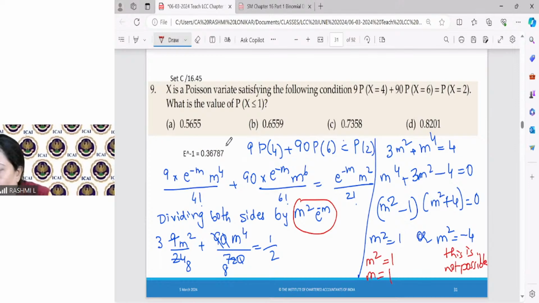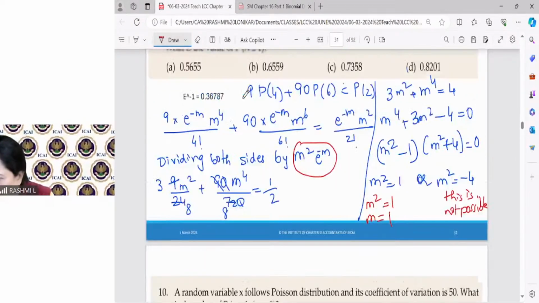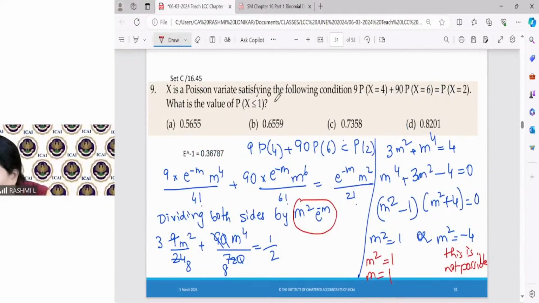Okay. So, what is the value of P(X less than or equal to 1)? This is equal to 1 minus P(X equal to 0), right? Only then, because less than or equal to 1. Okay. Sorry, sir.